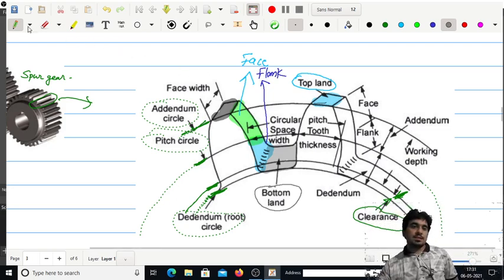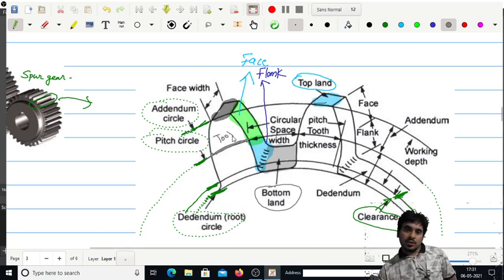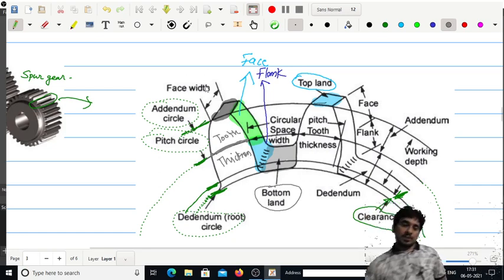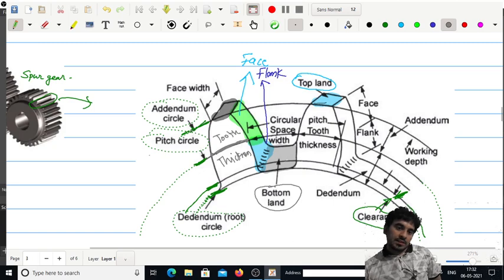The distance from one profile of the tooth to the other side of the tooth, this much, is known as tooth thickness. Okay, and the total depth: this is the addendum circle.